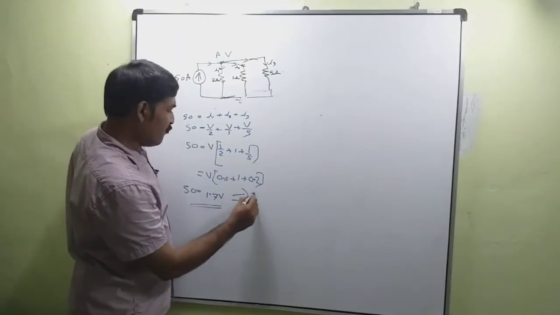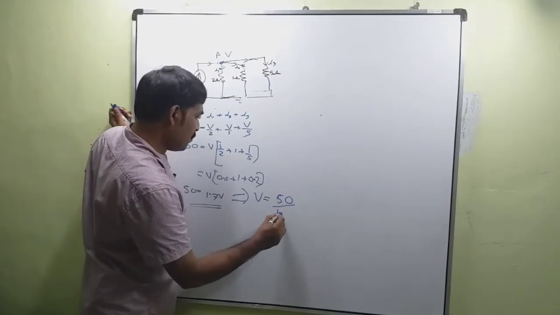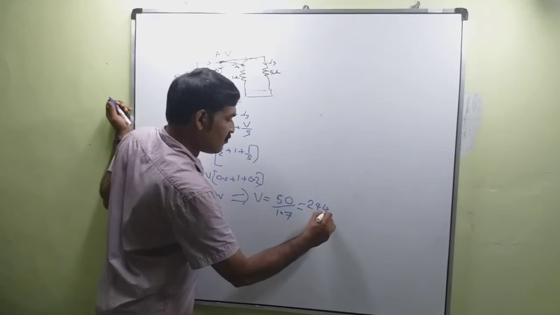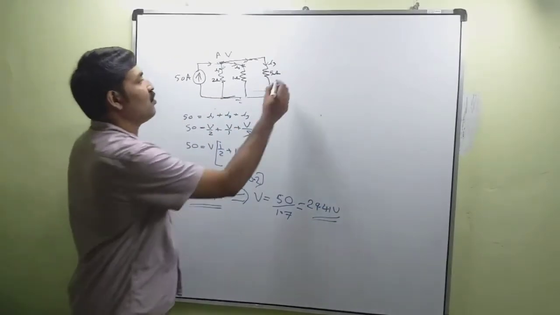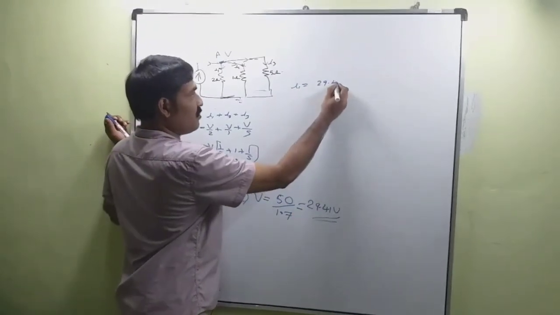This implies V is equal to 50 divided by 1.7, that is equal to 29.41 volt.